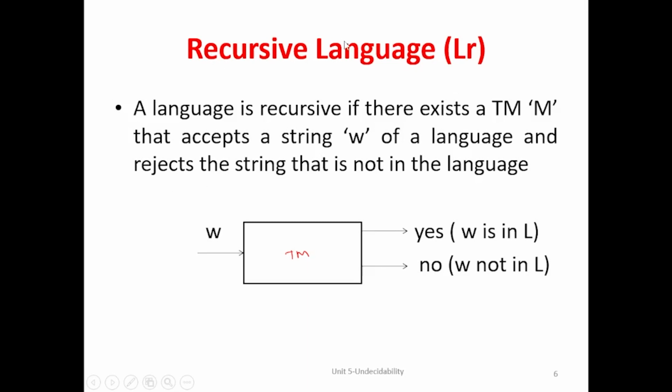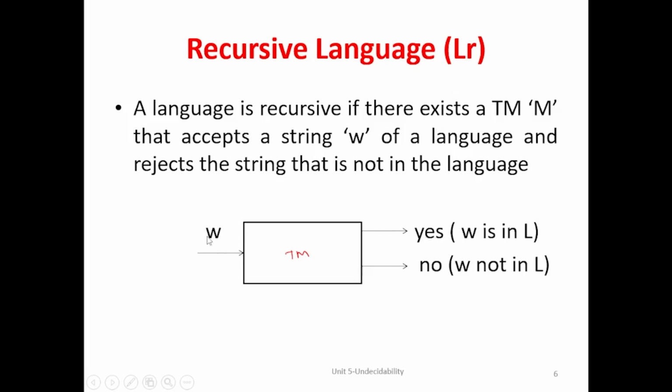Then if we consider a recursive language, it is denoted as LR. In which situation is a language called recursive? If W is a string and that string is accepted by a Turing machine M, the Turing machine will accept it and produce yes as output.